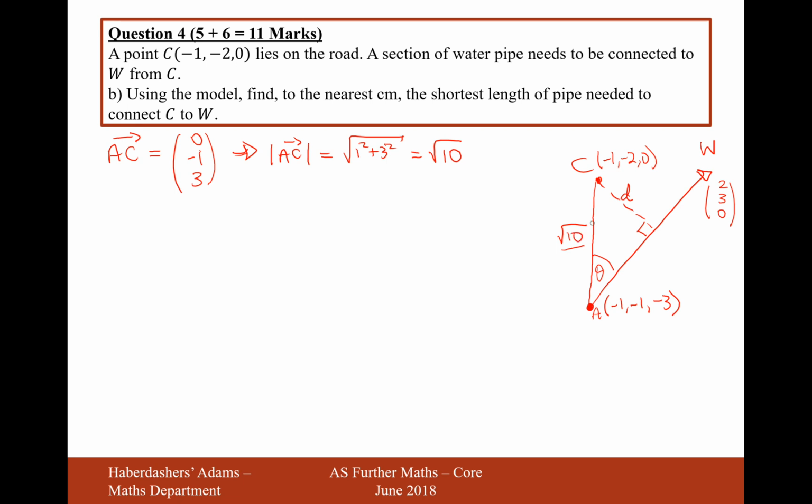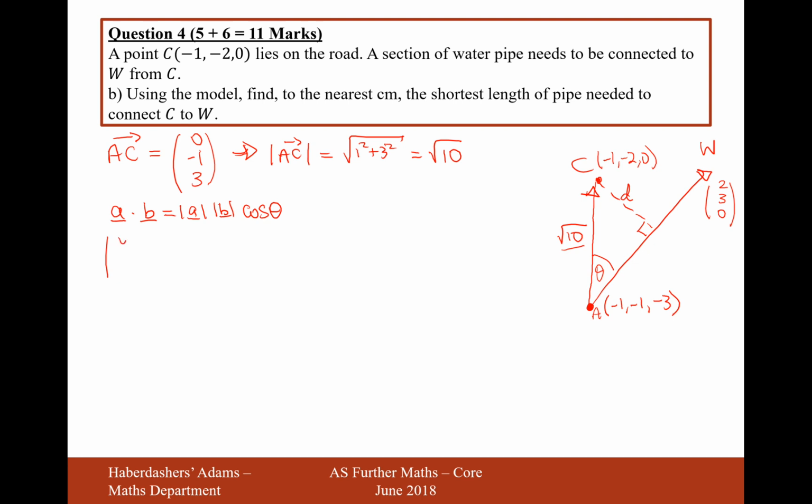The next thing I need to now do is work out what the angle is between these two direction vectors. So that's going to be the dot product rule. A dot B equals mod A mod B cos theta. So A is going to be the line from A to C, and B is going to be the direction vector of the pipe.